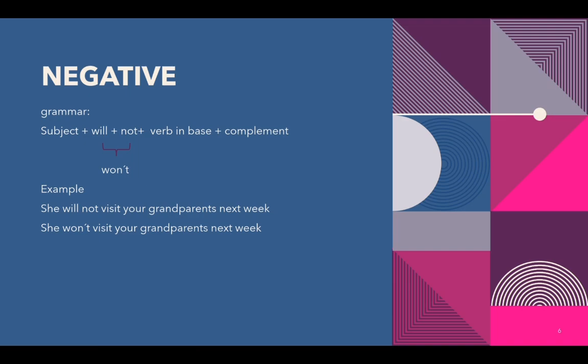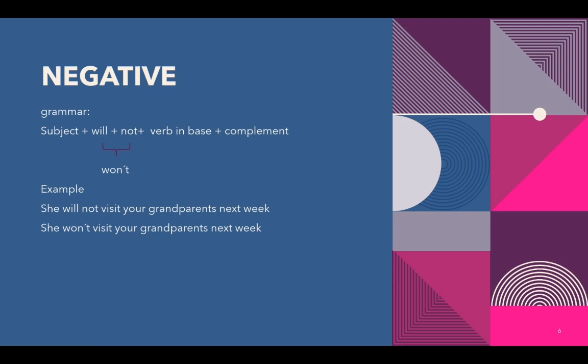The other way to say that is the contraction: will not, the other way to say that is won't. This is the contraction. For example, she will not visit her grandparents next week. This is the formal. Informal, she won't visit her grandparents next week.